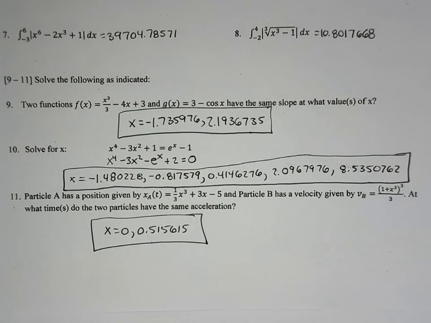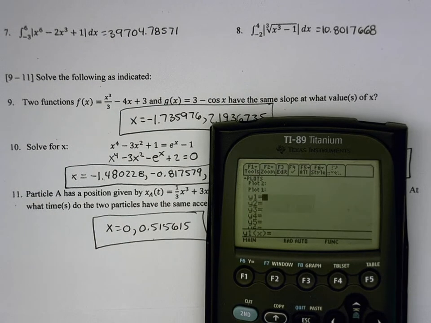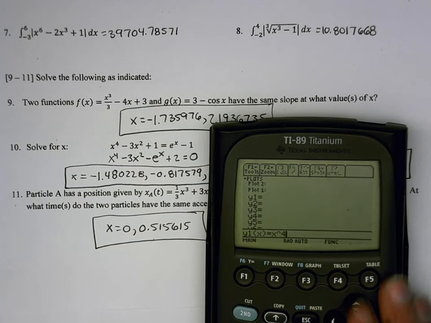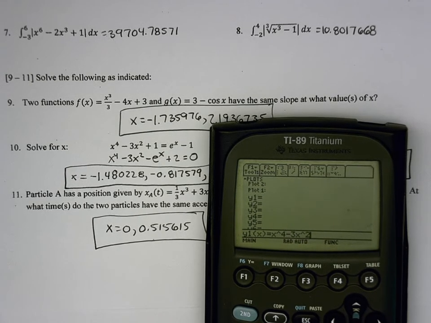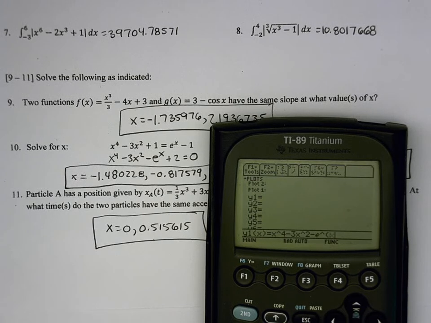Once you've got your equation equal to 0, you're going to take your calculator and plug that equation into your y equals: x to the 4th minus 3x squared minus e to the x plus 2.